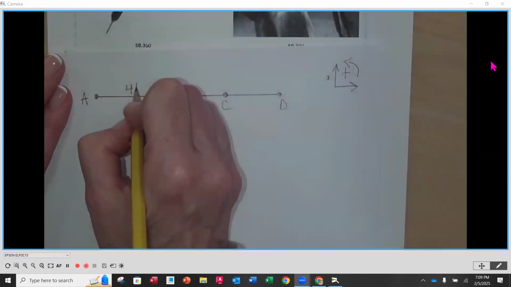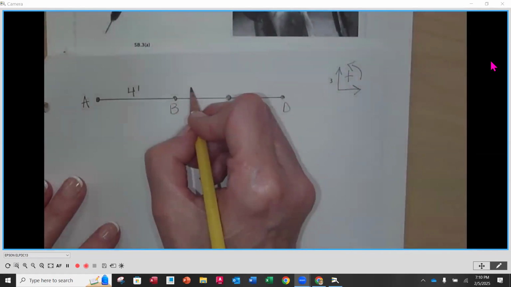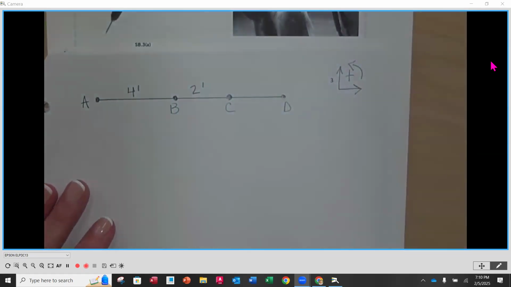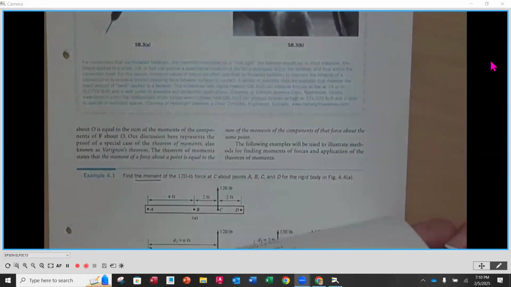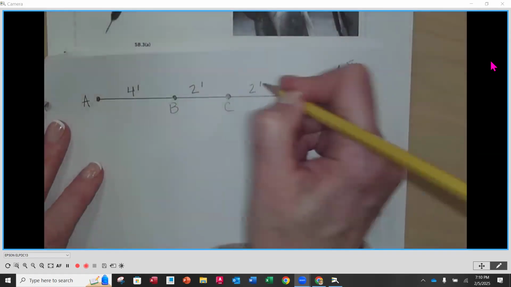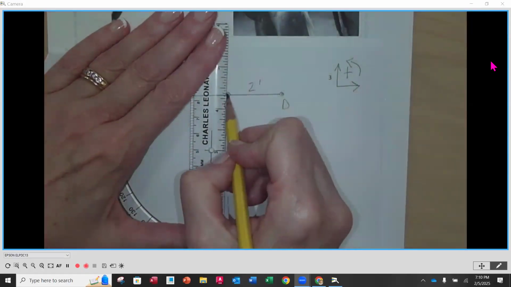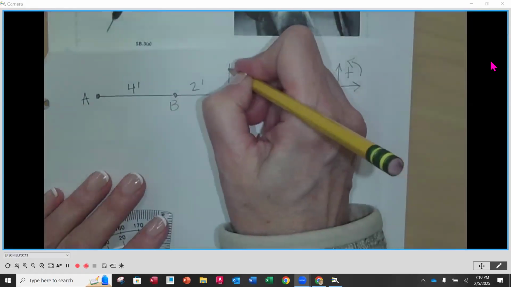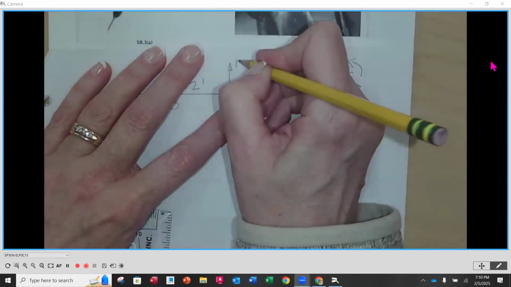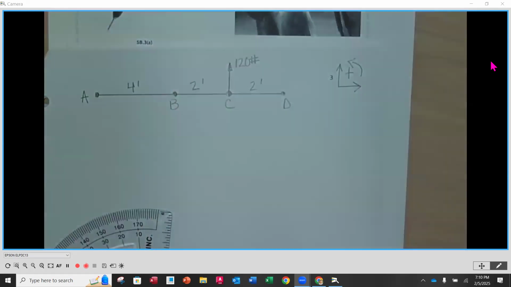You want to identify any distances. So I know that there's 4 feet in between A and B. There's 2 feet in between B and C. And then there is 2 feet between C and D. Okay. And then we're going to represent our force going straight up at 120 pounds.